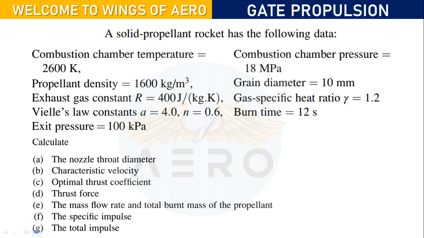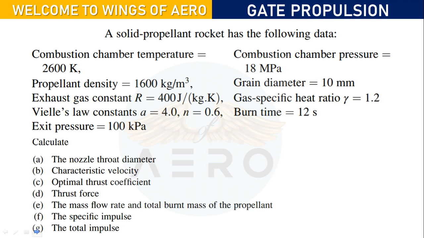From here what you need to find: the nozzle throat diameter, characteristic velocity, optimal thrust coefficient, thrust force, mass flow rate, and the total burn mass of the propellant, specific impulse, and the total impulse.